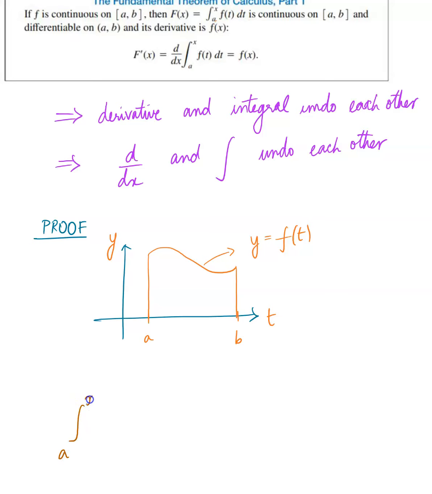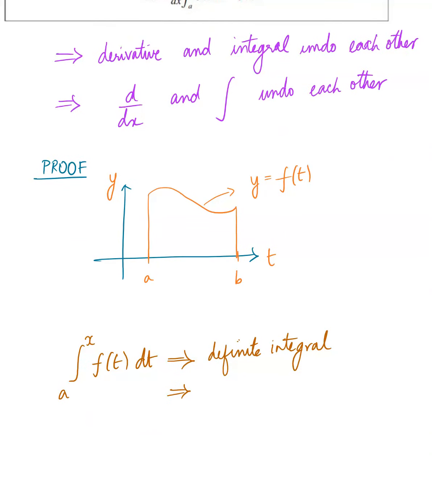The integral from a to x of f of t dt is a definite integral, because you have a definite start and end point for this integral. But more importantly, the interpretation of this is the area under the curve y equals f of t, from a to x.